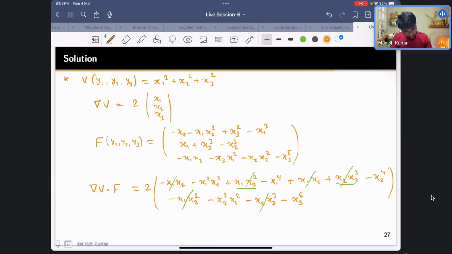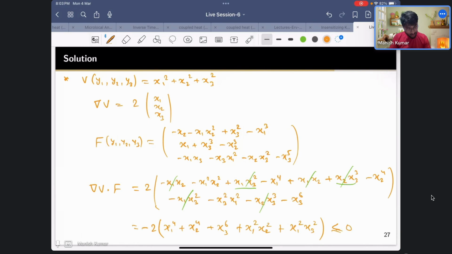So what we got is, let me take minus common, so you'll have minus 2, and then you have x1 raised to the power 4, then x2 raised to the power 4, and then x3 raised to the power 6, and then you have the cross terms, minus x1 square x2 square, sorry, with plus, and then x1 square x3 square, right? So you see this is clearly less than or equal to 0.